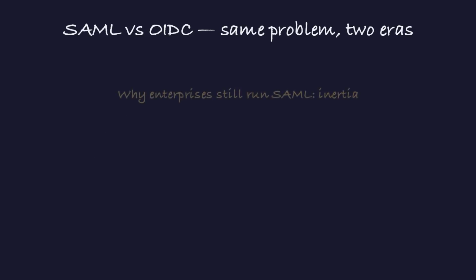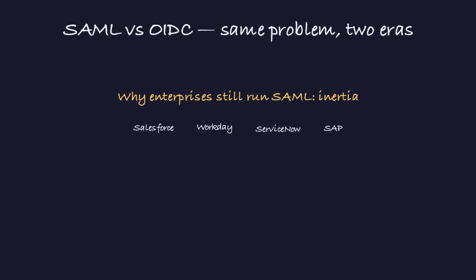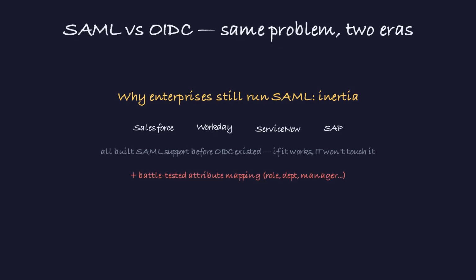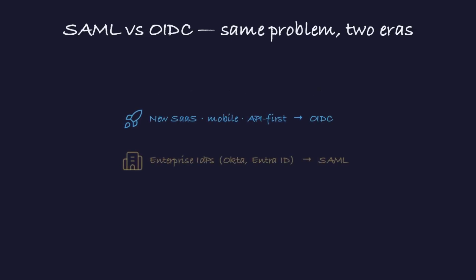So why do enterprises still run SAML? Inertia. Salesforce, Workday, ServiceNow, SAP all built SAML support before OIDC existed. If your SSO works, you don't touch it. SAML also has battle-tested attribute mapping for rich user metadata. Building something new, a SaaS product, a mobile app, an API-first service?